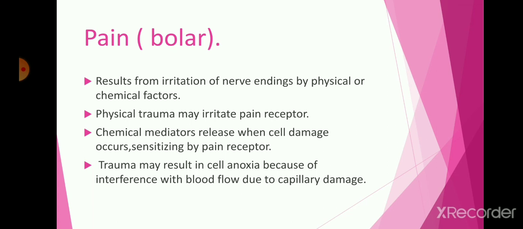Whenever these chemicals or physical trauma occur, they trigger the pain receptors, which signal the brain so that we can feel pain at the injured site. So pain is a sign of inflammation, and it is also helpful for the organism to find the injured site.